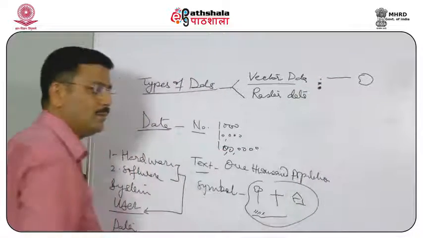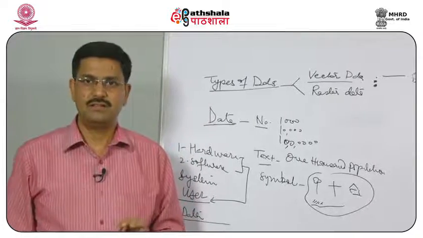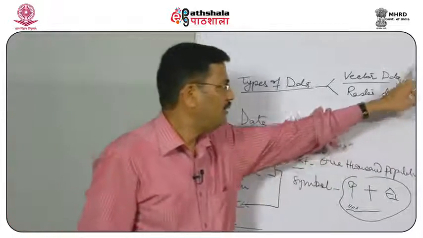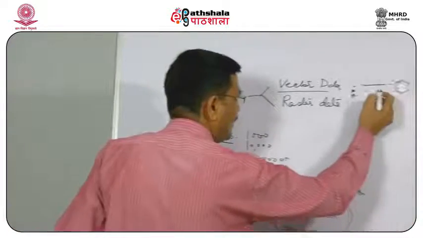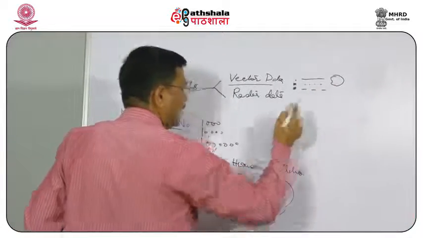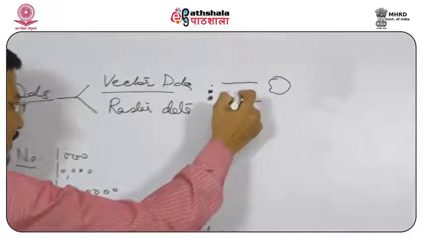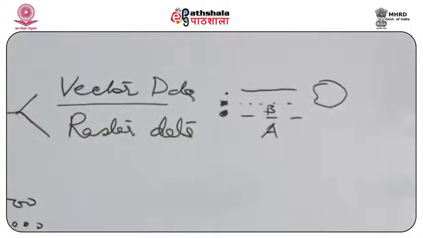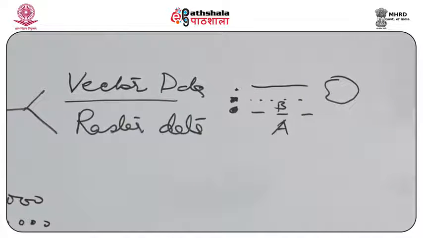So these three point symbols represent a particular feature, right? Similarly, the line could be like this, or like this, or like this. So there is one entity on this side, another entity on the other side of the line, A or B, which separates two different features.